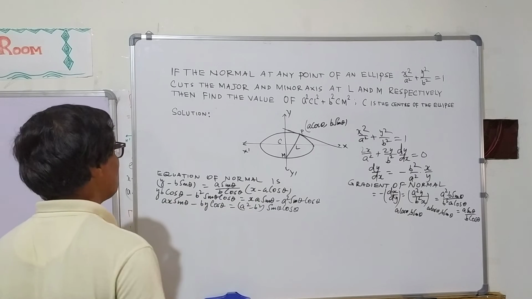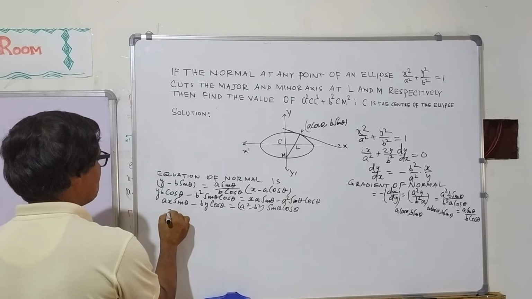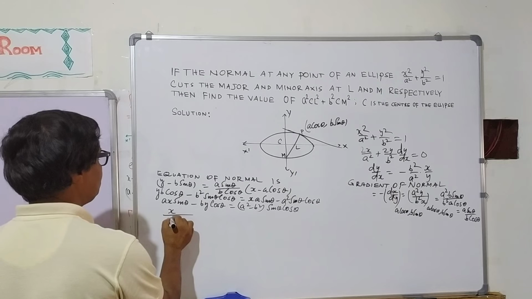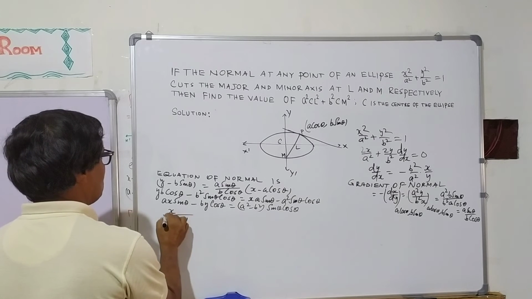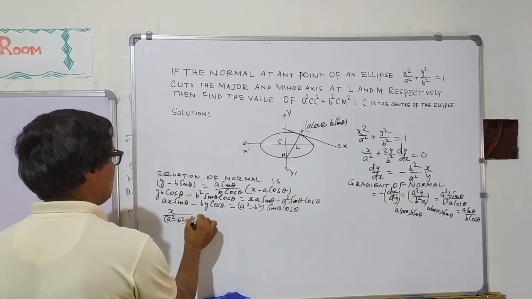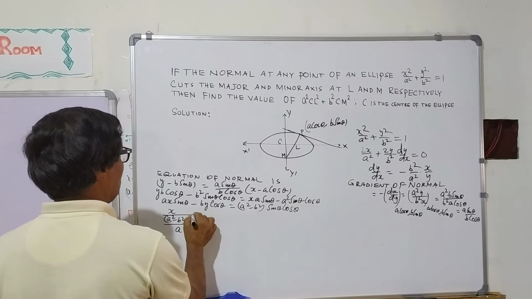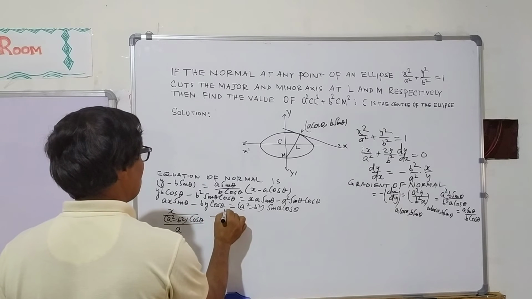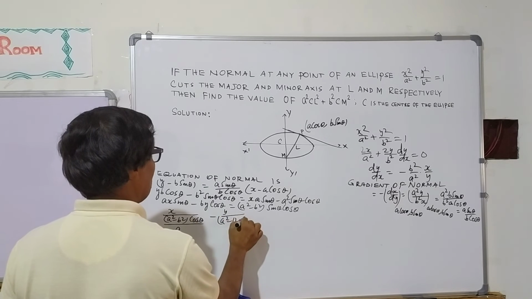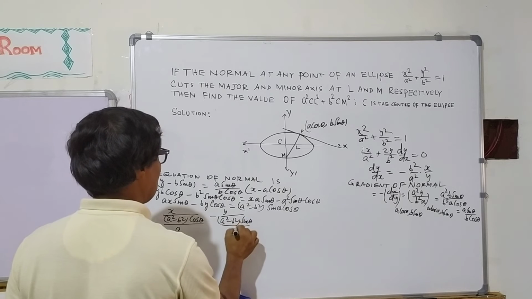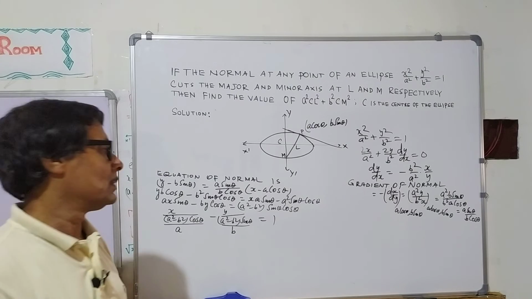Reducing this equation, we get x over (a square minus b square) cos theta over a, minus y over (a square minus b square) sin theta over b, equal to 1. This is the intercept form of the normal.